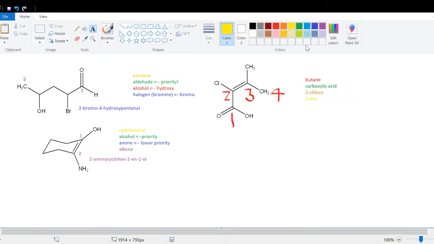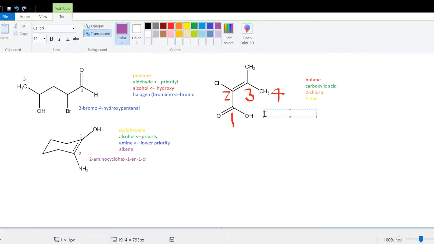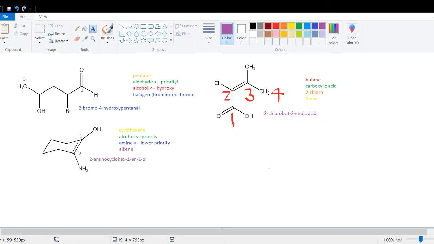So together as a name, I have 2-chloro, bute, 2-ene, right? But just like we did with the alcohol on the previous problem, you take off the ene and you add oic acid, and we don't have to put a number there because carboxylic acids are always going to be on carbon 1. Okay.